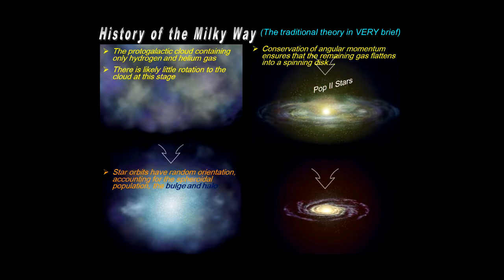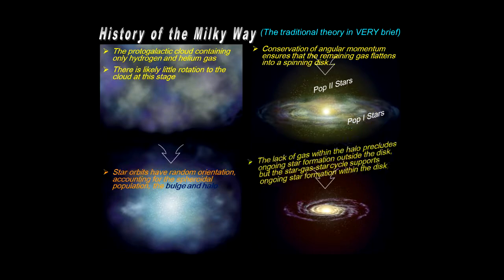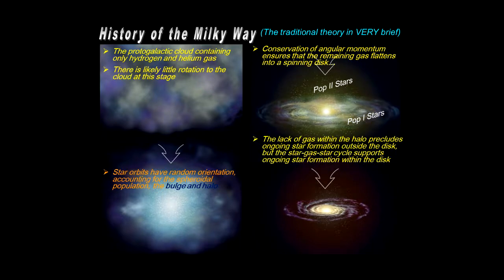So the old stars, the ones that are now the halo stars, are the Pop 2 stars, and the population 1 stars will be the disk stars. The lack of gas in the halo prevents ongoing star formation. The gas is passed through, so those stars get old and die in the halo. But the star-gas-star cycle is supported and continues on in the disk. The disk has a high concentration of gas and dust that the halo stars don't have.